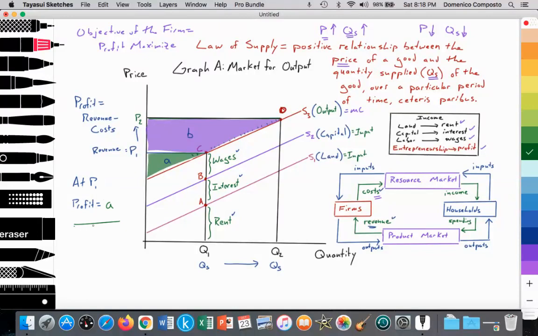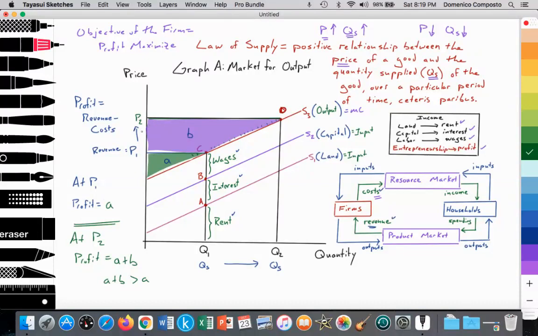But then at P2, we can see that profit is now equal to areas A plus B. So since areas A plus B are greater than A, the firm is generating more profit by increasing the quantity supplied from Q1 to Q2 along their marginal cost of production curve from point C to point D. So this explains the law of supply.